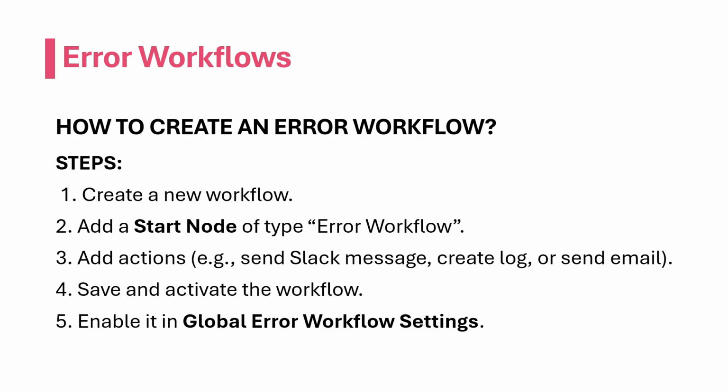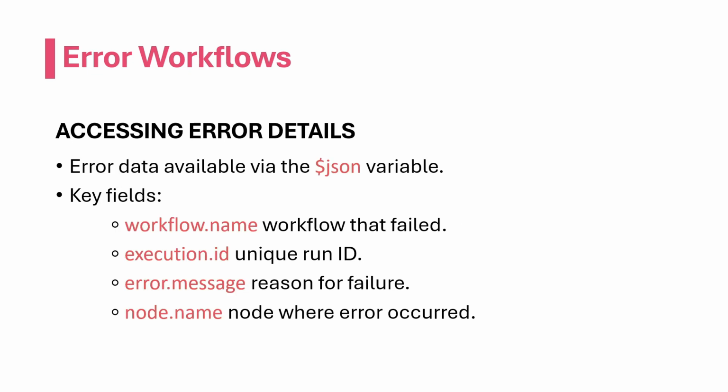Then we are going to discuss how to access error details. The error workflow gives you detailed context about the failure, and you can access this information using the $json variable inside your error workflow nodes.